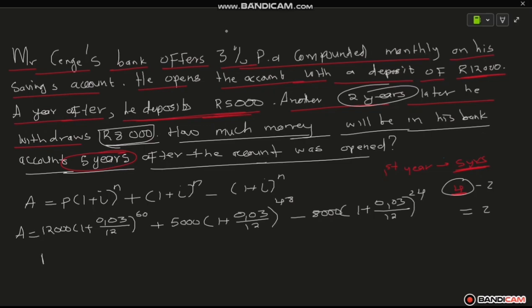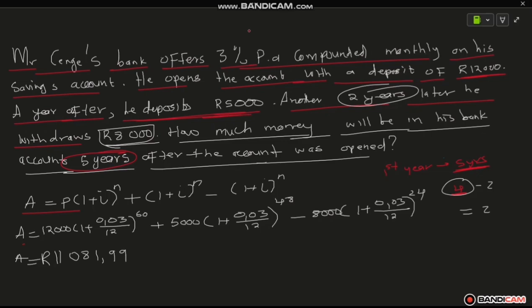So the amount that you will have, A, equal to, because it is the accumulated amount or the future value, is 11,081.99. That's the amount that he is going to have.